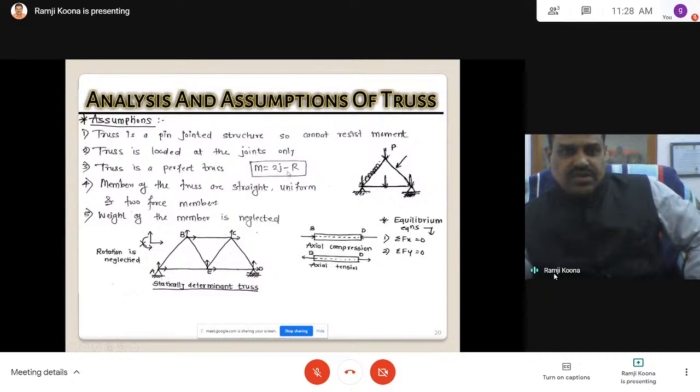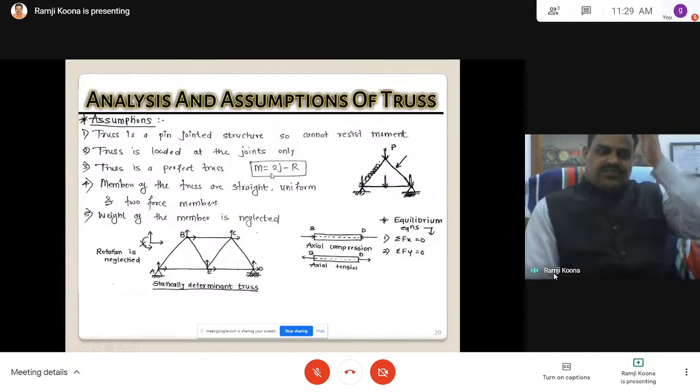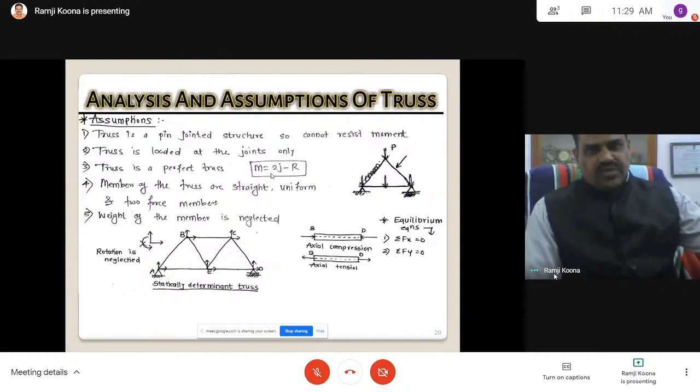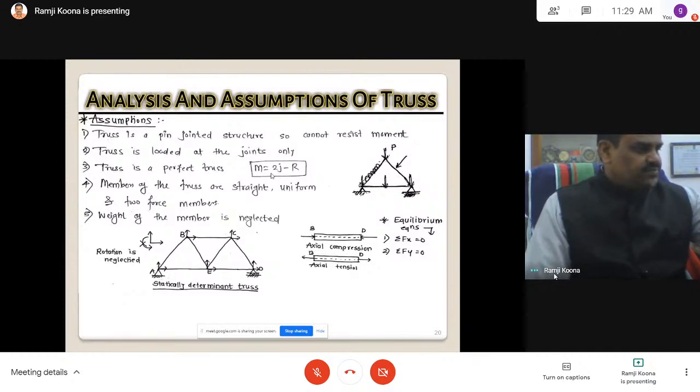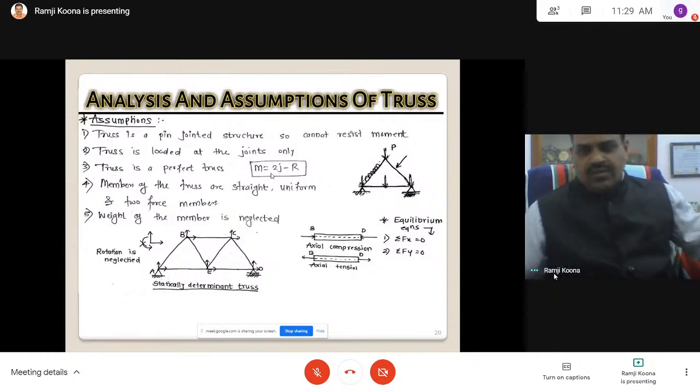That is the meaning here. 2 into joints 3 is 6, reactions are 3, 6 minus 3 is 3. The right hand side is 3, the left hand side is 3 members. That is how we will consider the type of member, tensile or compressive.